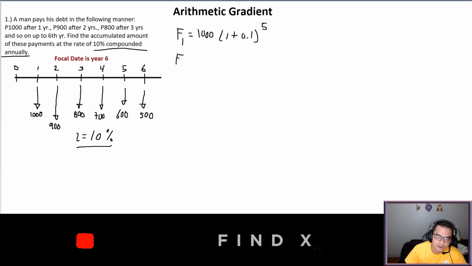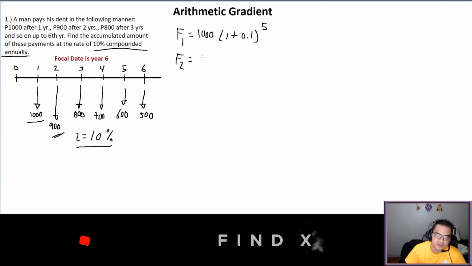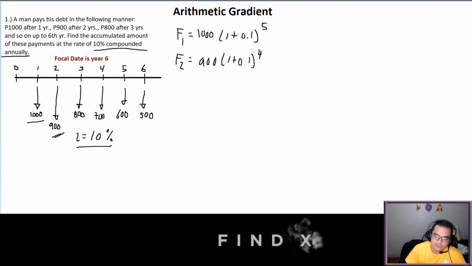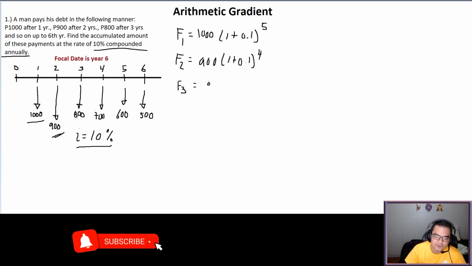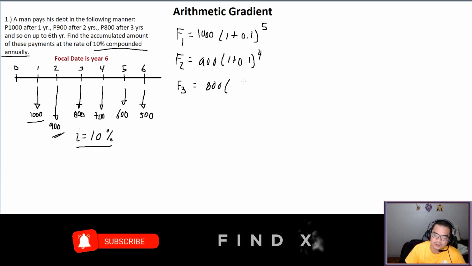Next, bringing F2. F2 is this one, 900. This is F1, this is F2, and F2 stands for the year. So this is 900 times 1 plus 0.1 raised to 4, since it goes from year 2 to year 6. Then F3 is 800. I hope it's okay that I just write 1 plus 0.1 as 1.1.